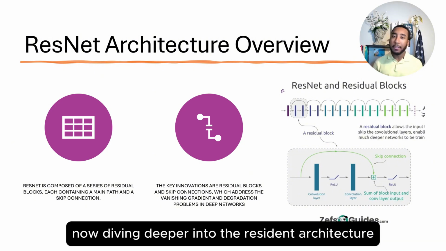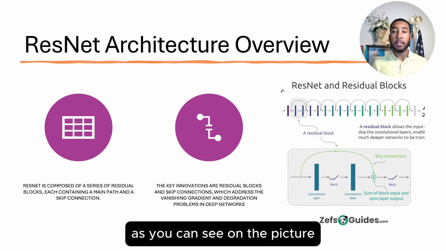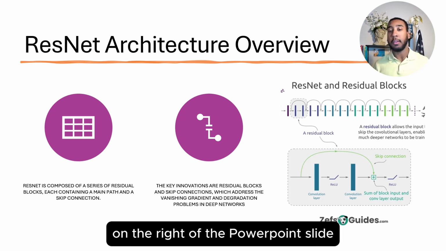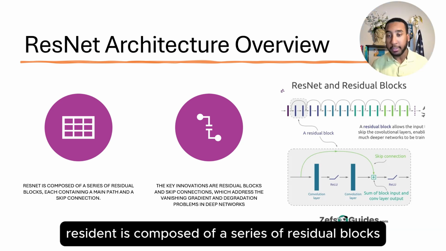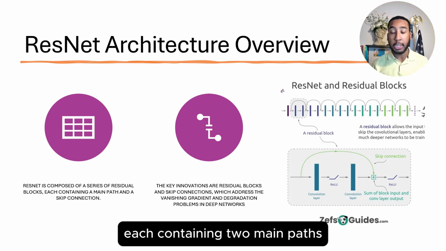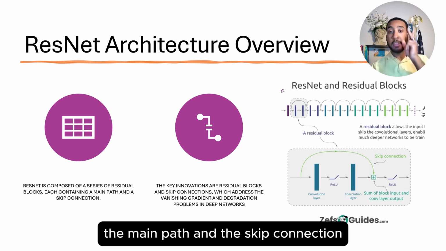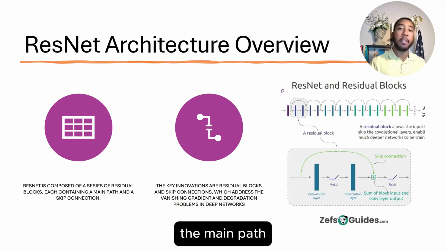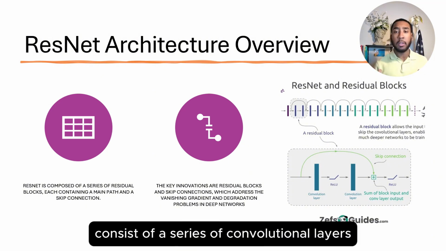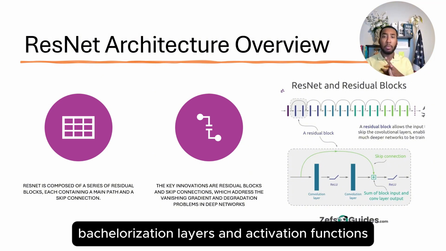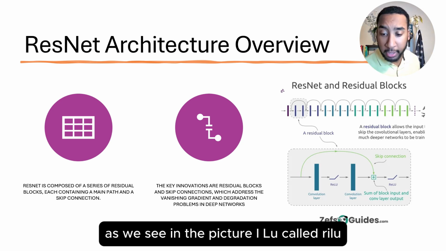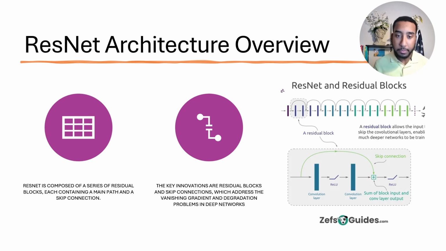Now, diving deeper into the ResNet architecture, as you can see on the picture on the right of the PowerPoint slide, ResNet is composed of a series of residual blocks, each containing two main paths: the main path and the skip connection. The main path consists of a series of convolutional layers, batch normalization layers, and activation functions, as we see in the picture, called ReLU.